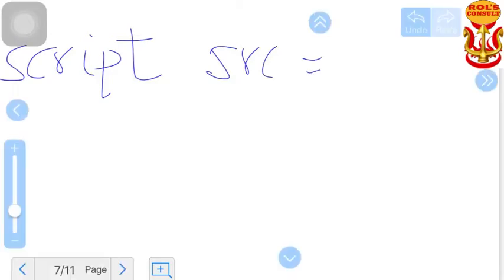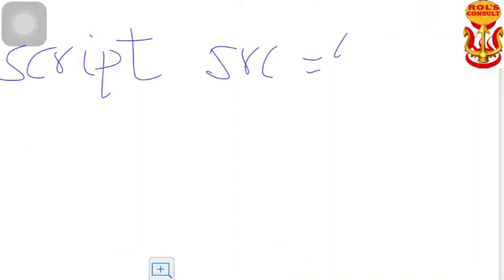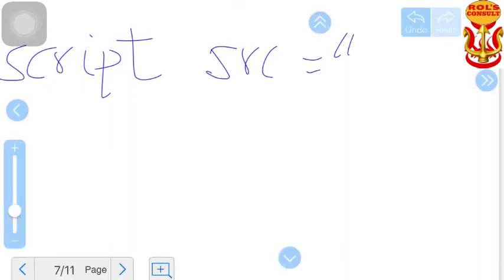And in this source attribute we will just need the source of the file that we need. And we'll have to put it in double quotation marks, then we move on 1, 2.